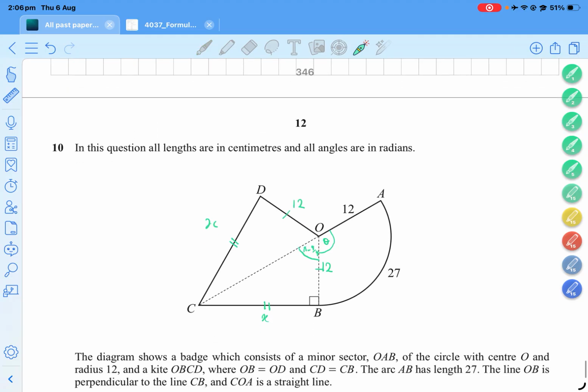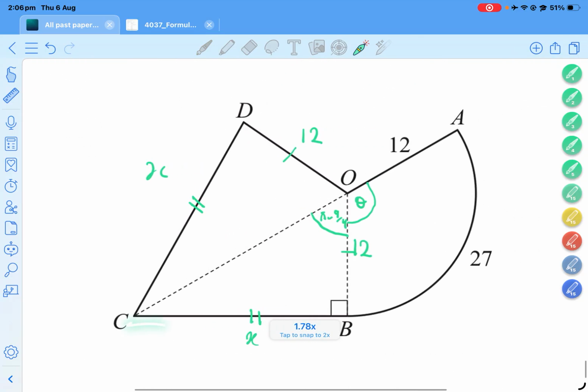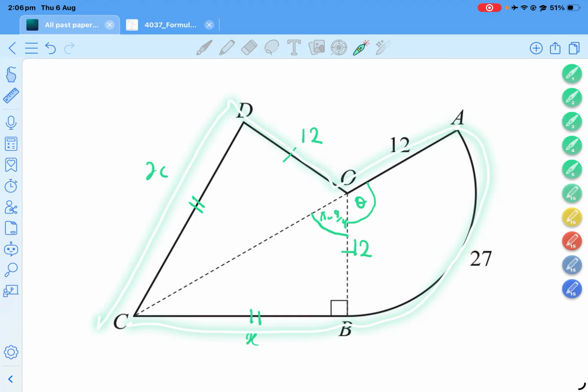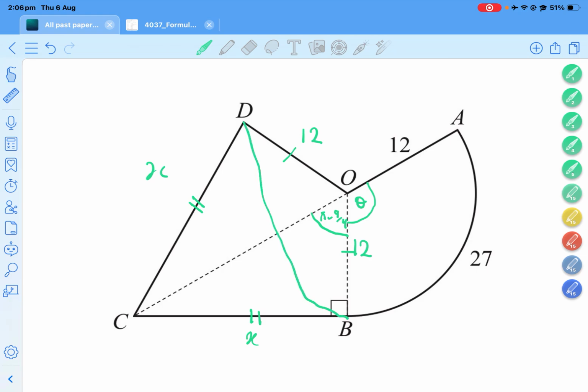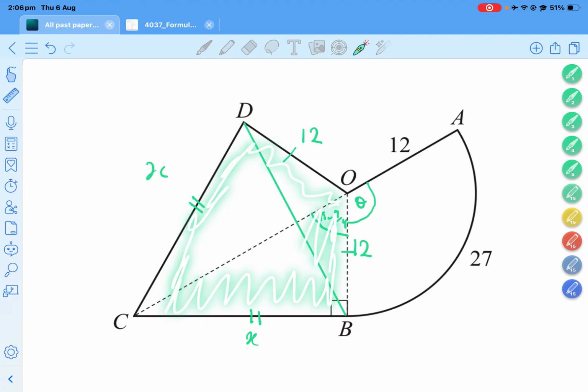So what is the perimeter? It will be this plus this plus this plus this and then this. So you don't count this or this. If I drew a line like this, and I asked you, if I shade this whole region, what is going to be the perimeter of this region?